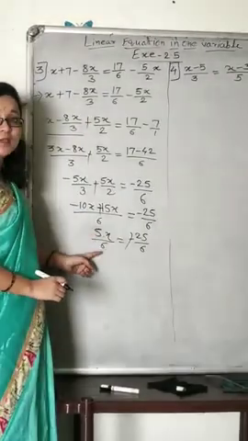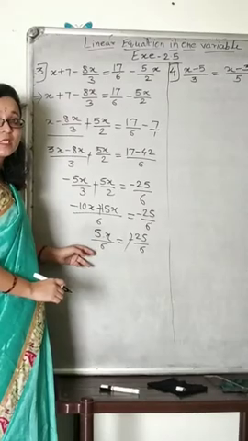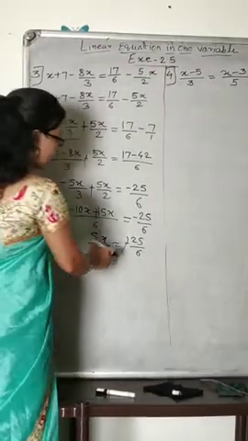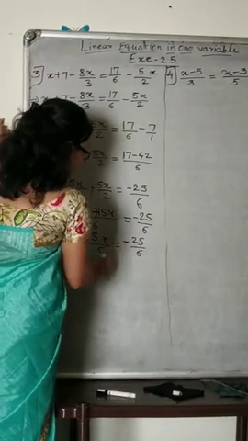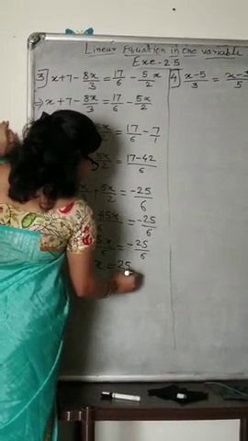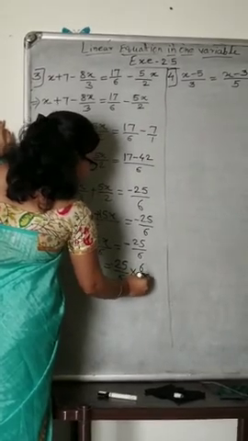Then 5x upon 6, and this 5 upon 6 will go to RHS in reciprocal. That's why this minus sign will stay as it is. Then x is equal to minus 25 divided by 6, and here 6 upon 5 will come.